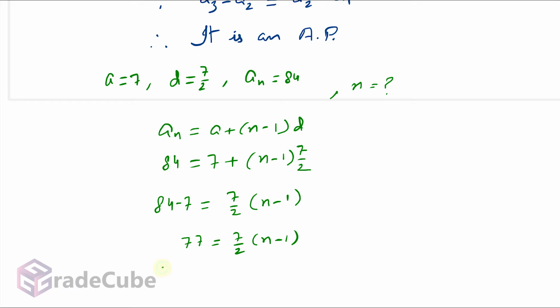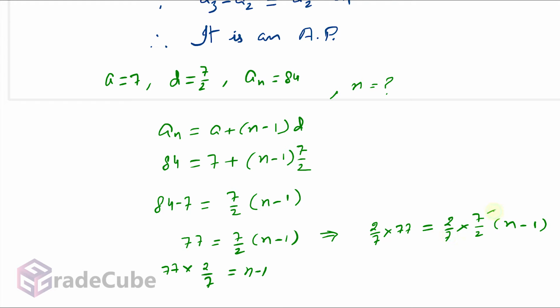In order to take this 7 upon 2 on the other side, we will have to reciprocate it. It becomes 77 into reciprocal of it, 2 upon 7, equal to n minus 1. This is same as multiplying by 2 by 7 on both sides. If I multiply by 2 by 7 on both sides, I will get 2 by 7 multiplied by this 77 and 2 by 7 multiplied by this number 7 upon 2 into n minus 1.